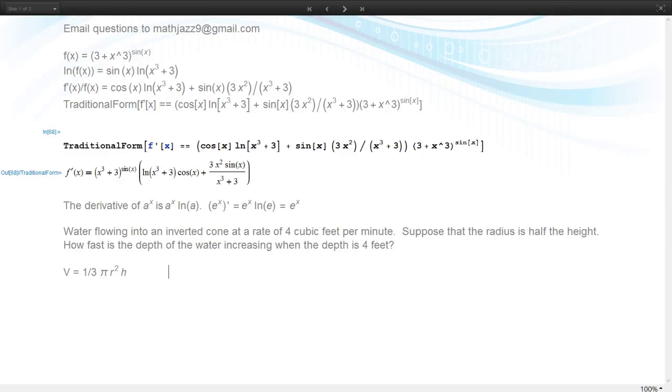So we're going to kill off r using the substitution that we're given of r equaling half of the height. So this is going to give us the volume is equal to 1/3 pi (h over 2) squared h, or that'll be v is equal to 1 over 12 pi h cubed.